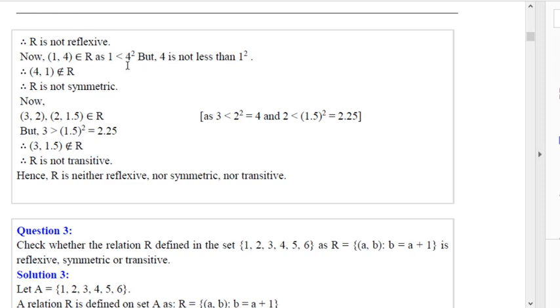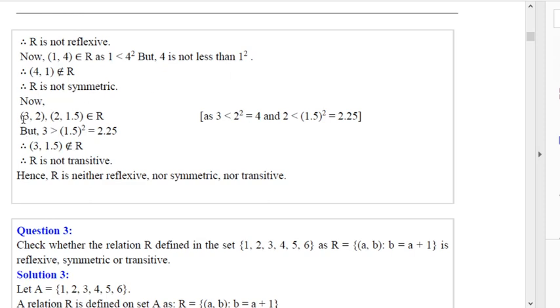But when you change its position, for symmetry (a, b) should give (b, a), so we get (4, 1). R is not symmetric here. Why? Because 4 is not less than or equal to the square of 1. So you write here 4 is not less than the square of 1. That's why R is not symmetric.